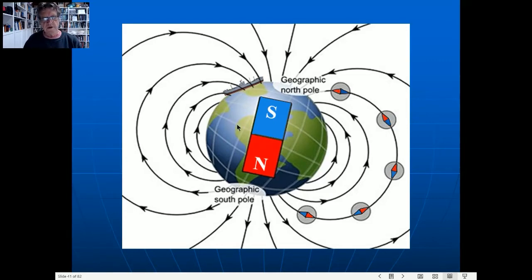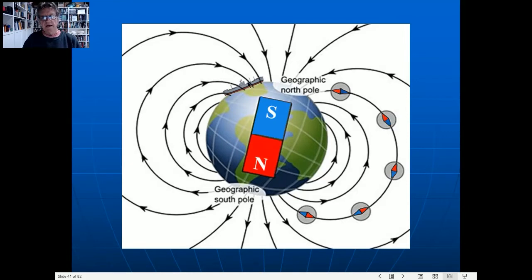So there's the 0 latitude, that's the equator, and let's say that's 50 or something like that. Now you notice the magnetic field from the Earth goes down from the top of the ship down into the bottom of the ship, so it's in that direction. So the bottom of the ship would be called red, because that'll be the North Pole, because it's attracted, or it's basically close to the South Pole. There was an attraction there.